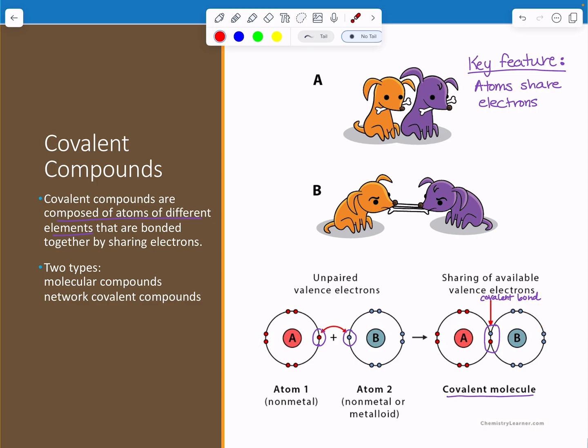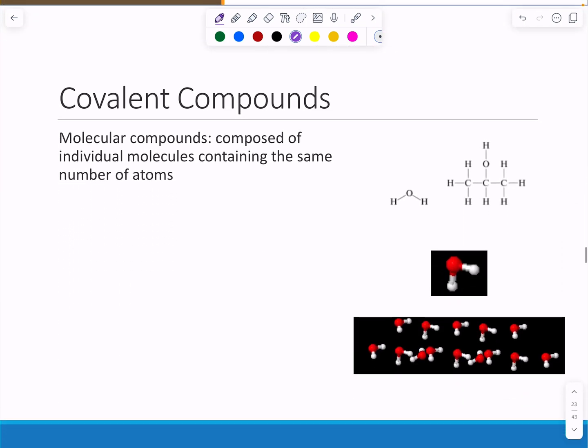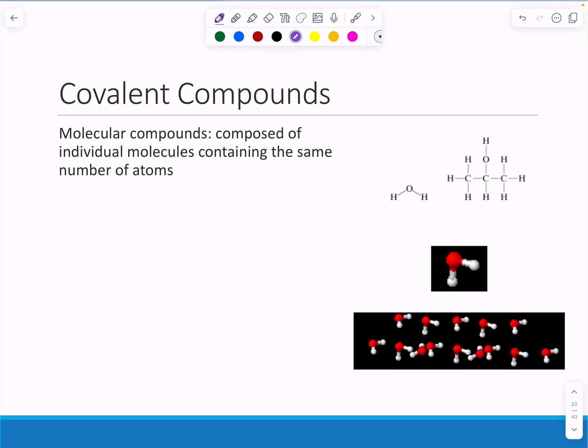Okay, so there are 2 types of covalent compounds. We have molecular compounds, which is what we are going to primarily focus on, and then things called network covalent compounds that are much larger kind of arrays of bonded molecules. All right, so a molecular compound is composed of molecules that are always composed of kind of the same number and types of elements.